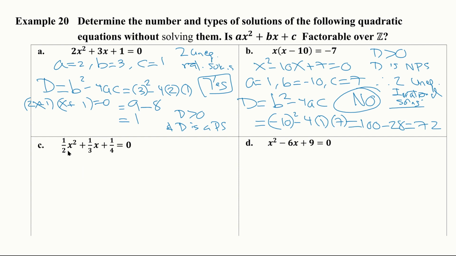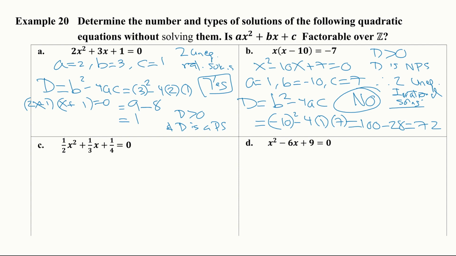Well, you could find the discriminant as is, or better yet, get rid of the fractions, then find the discriminant, because getting rid of the fractions isn't going to change the solutions, okay? So let's do that. Of course, this should look familiar to you. We've done this problem earlier in the lecture. So the LCD was 12, if you remember.